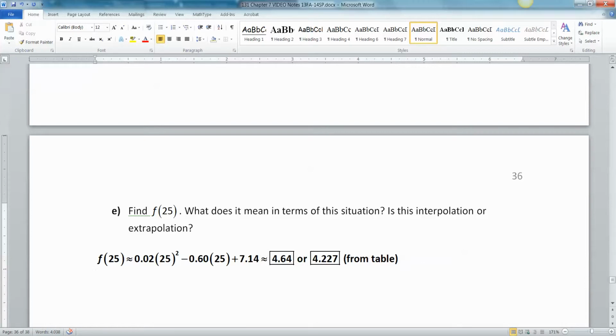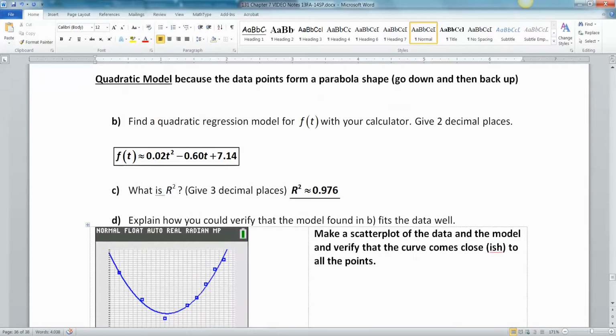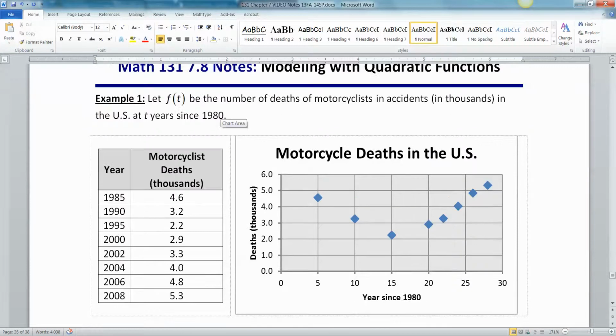And is that interpolation or extrapolation? Okay, well, let's see. This is the motorcycle deaths, right? So motorcycle deaths in 2005, right? Because take 1980 plus 25 and you're going to get 2005.